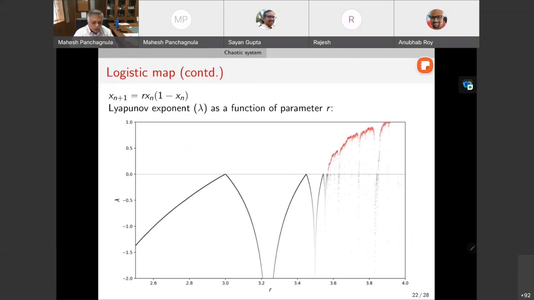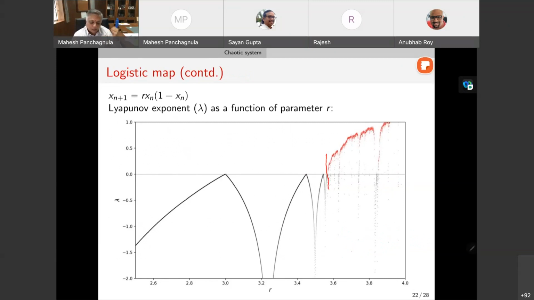Okay. So let's see what the Lyapunov exponent looks like for the logistic map. So we compute the Lyapunov exponent for the logistic map. You can see that for all states less than a certain value right there, lambda turns out to be negative or very close to 0.